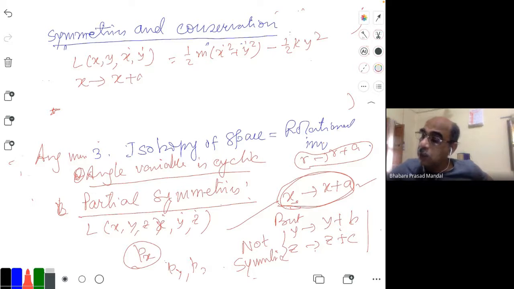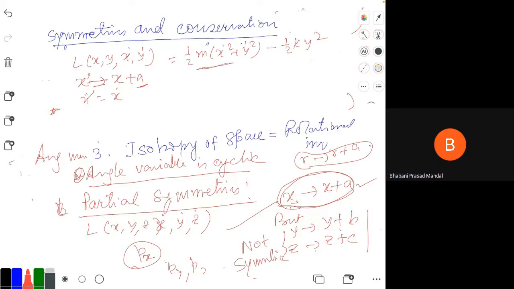And x prime dot is x dot, because a is constant. So this term remains invariant, and there is no x in this Lagrangian, so px will be conserved.